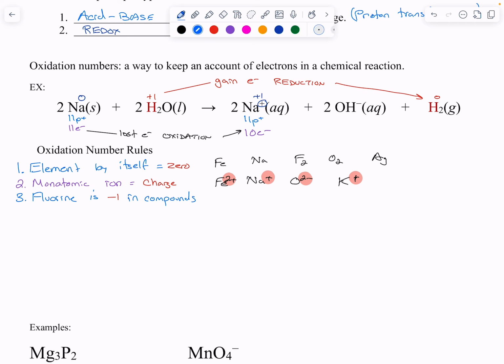Number 4, oxygen is -2 in compounds, except in OF2, peroxides, and superoxide.